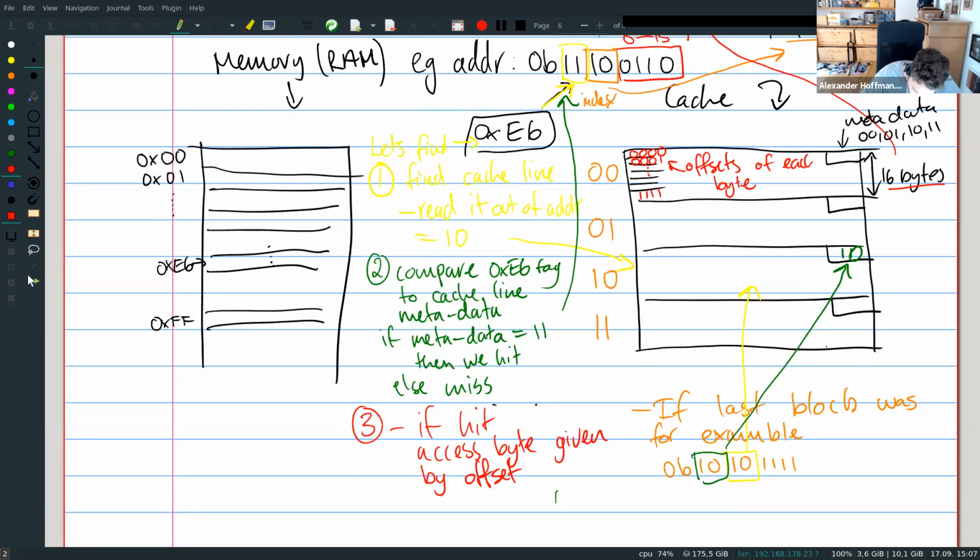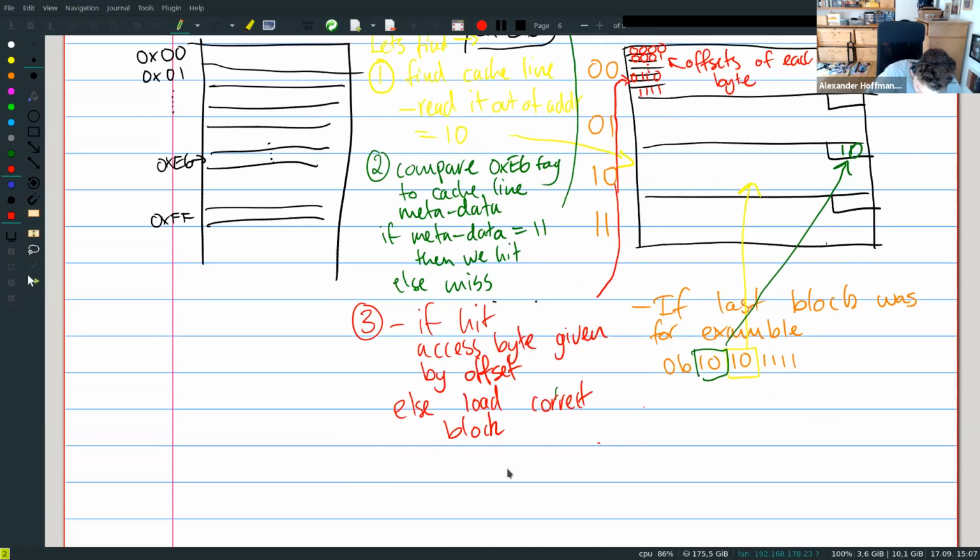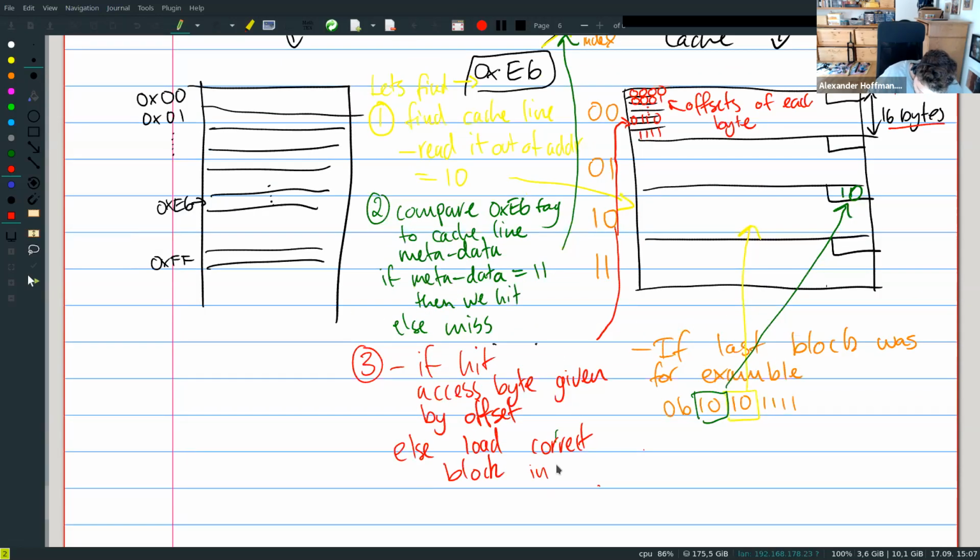We would go and look for 00110 and access it. Else, load the correct block into cache.